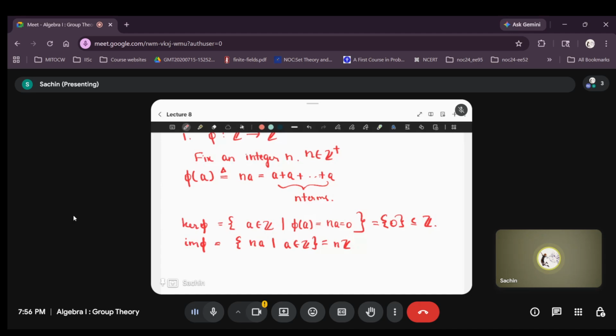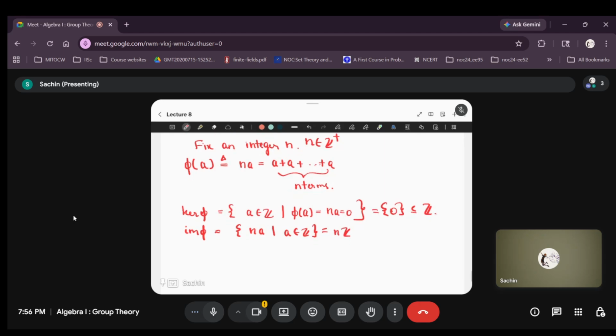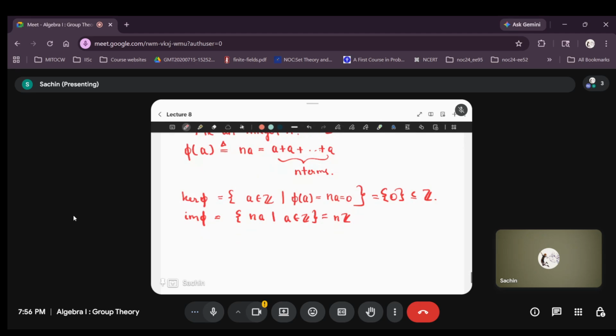If n is equal to 3, it's all multiples of 3. So in terms of n, you can write it as nZ, all multiples of n. This is simply notation for multiples of n, in the sense that you multiply each element of Z by that number.